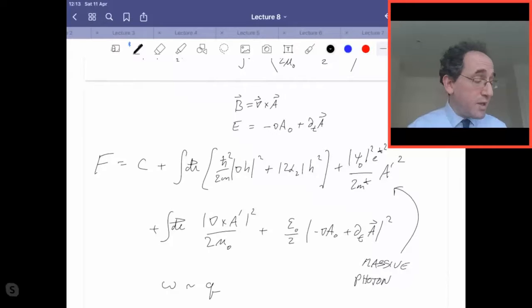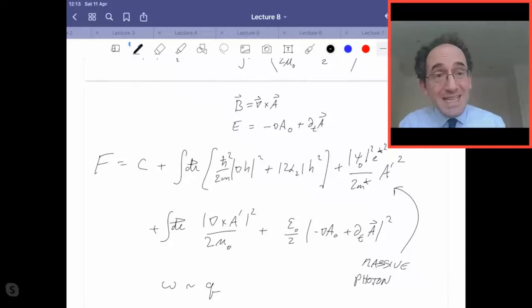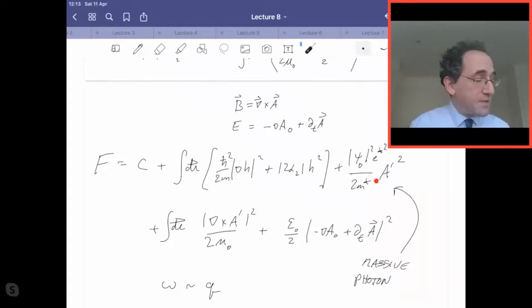The key for a massless photon is that if you go to very small wave vector, the frequency drops all the way down to 0.